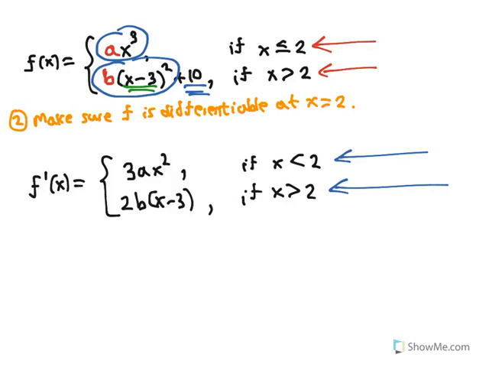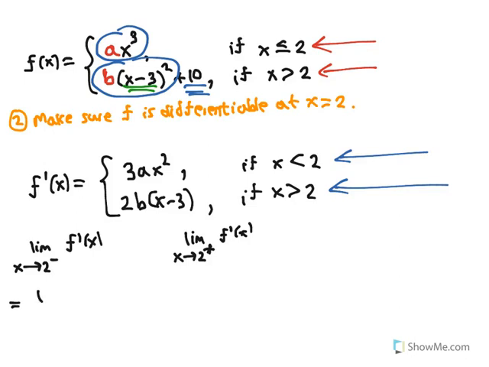The way we show that is by taking the limit of the derivative as x is approaching 2 from the left, and then taking the limit of the derivative as x is approaching 2 from the right, and making sure that these two limits are equal to each other so that we will have differentiability at x is equal to 2.